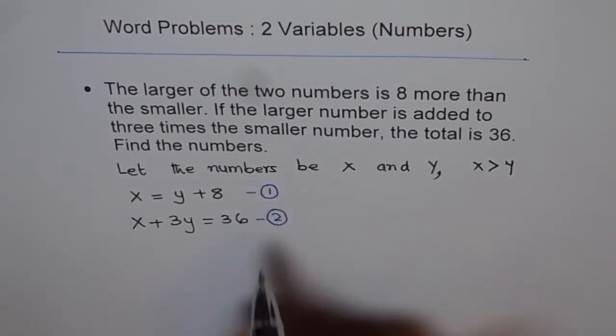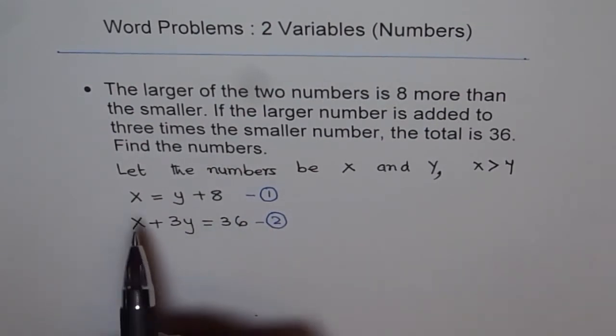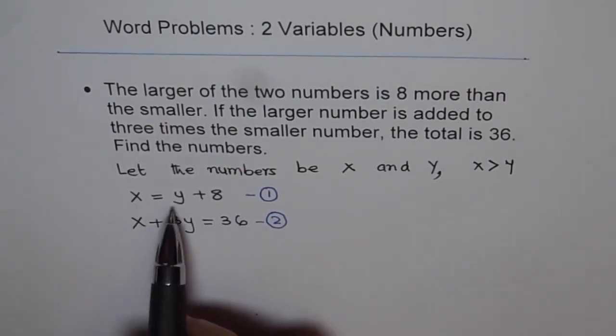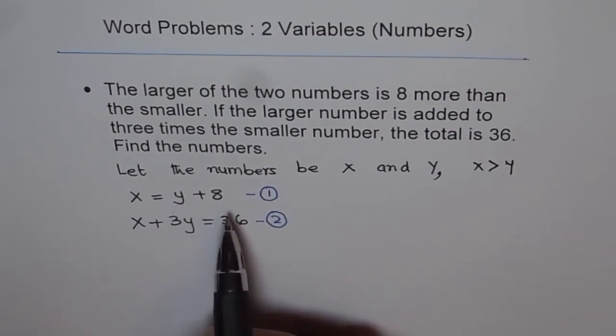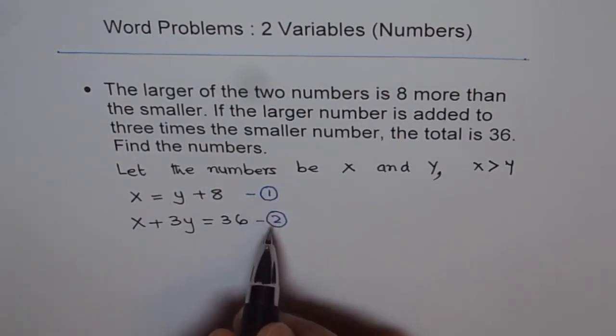As you know, to solve for two variables, we need two equations. Now we have these two equations. Here, from the first, we know what x is in terms of y. So we can use the method of substitution. Let's substitute equation 1 in 2.